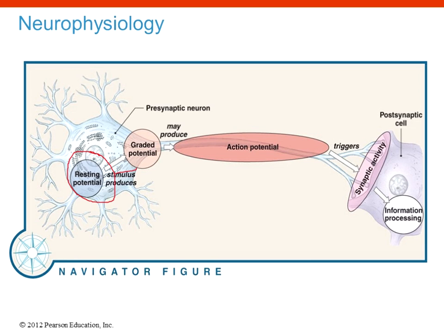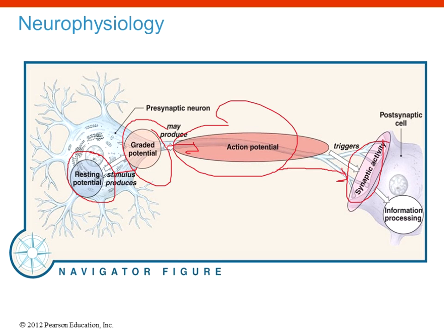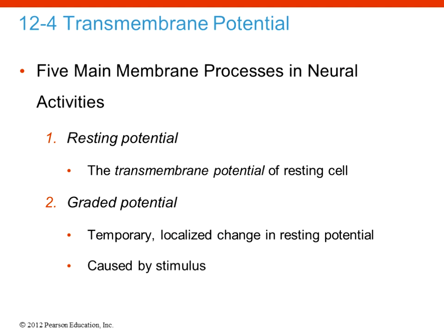And if you have a stimulus of some kind, that will lead to a graded potential, which then may produce an action potential, which can be conducted along the axon and arrive at the synapse, which will then communicate a message and cause information processing to occur at the postsynaptic target. Right? So you have resting, graded, action, synaptic, and information processing. So we're going to look at each one of those components as we go through this.